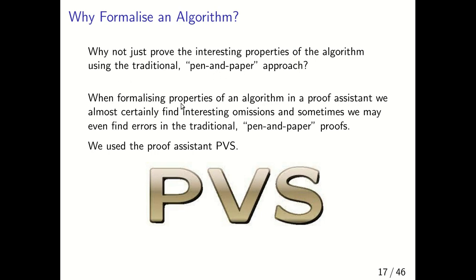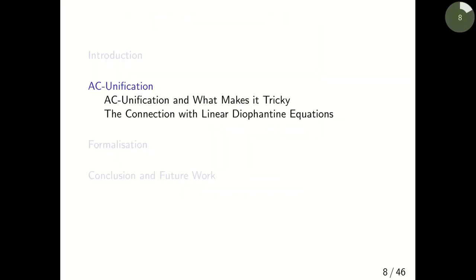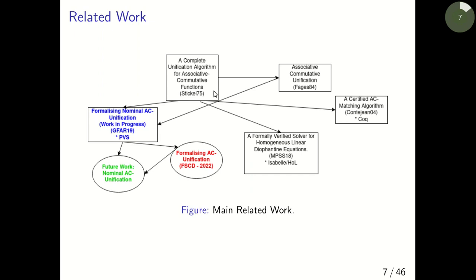Well, when formalizing properties of an algorithm in a proof assistant, we almost certainly find interesting omissions, and sometimes we may even find errors in the traditional pen and paper proofs. Remember, for instance, that almost 10 years after Stickel published his paper, Fages corrected his proof of termination.